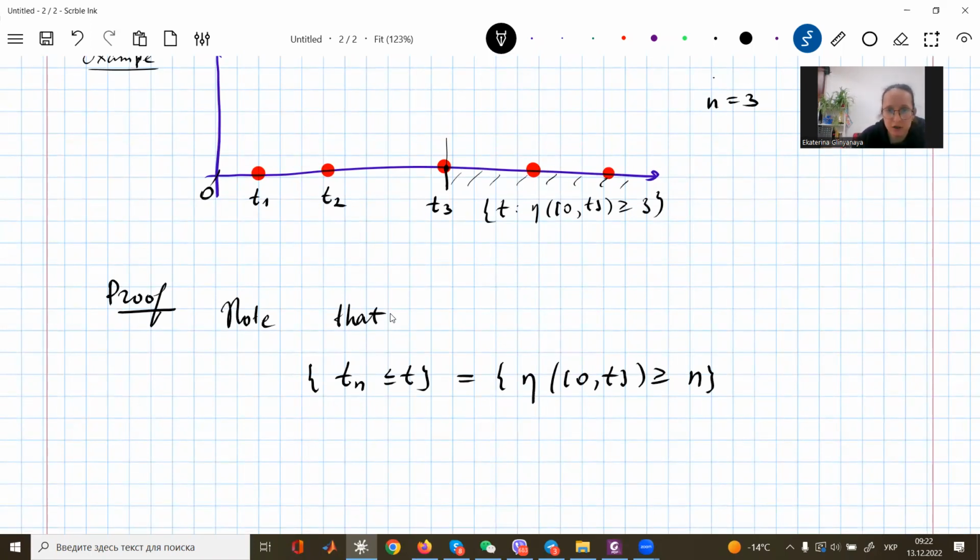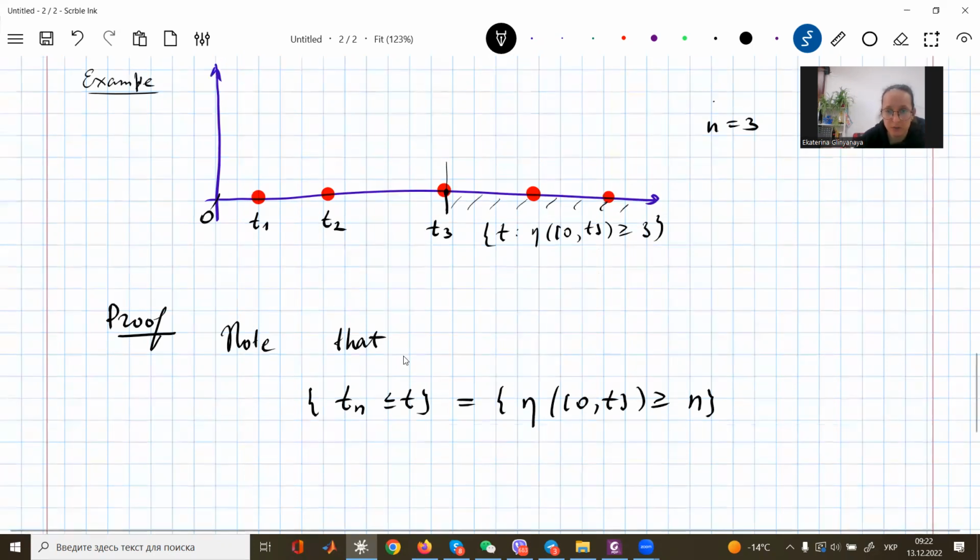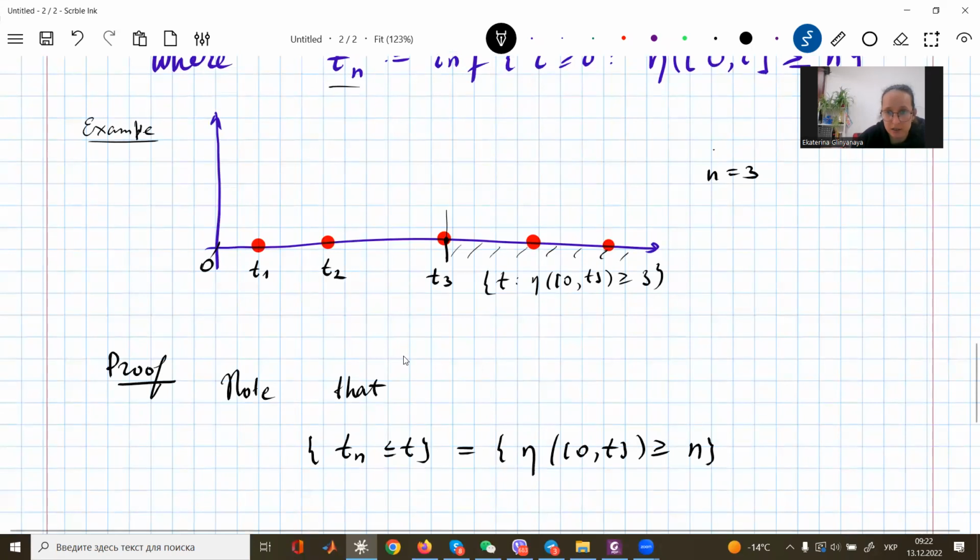So I consider that T3 is less or equal than some fixed T. This means that the value of a point process of this interval is bigger than 3.